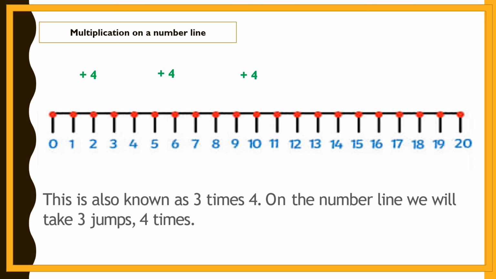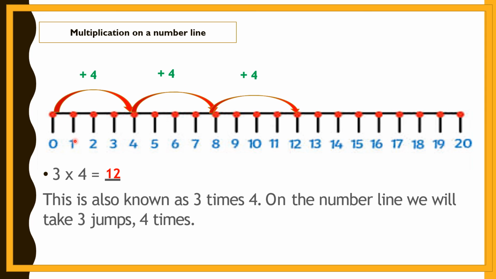Now this one. Again we have learned this last time. This is multiplication on a number line, right? Now see. What is the question? 3 times 4. Okay. So on the number line, I will count 4 for 3 times.